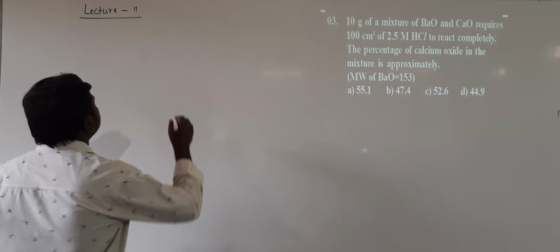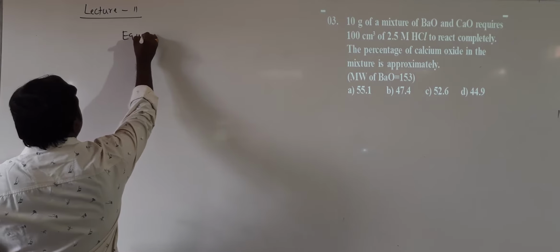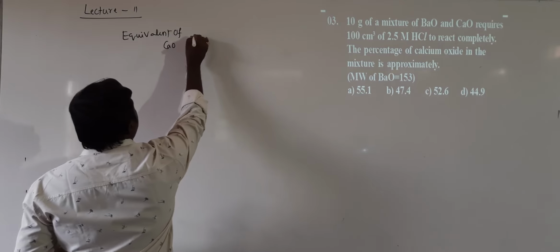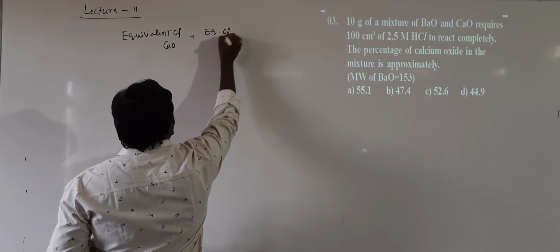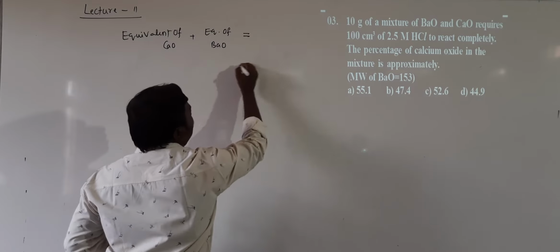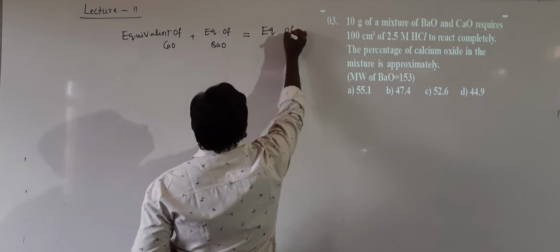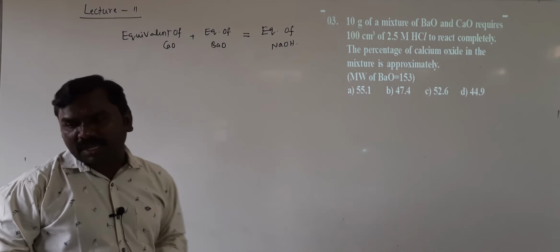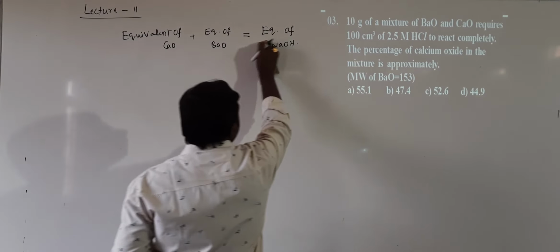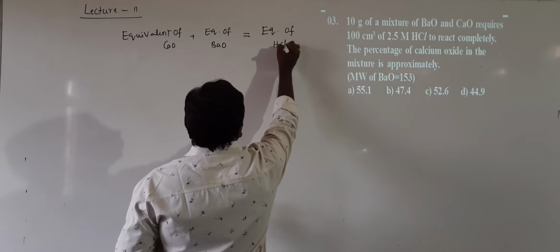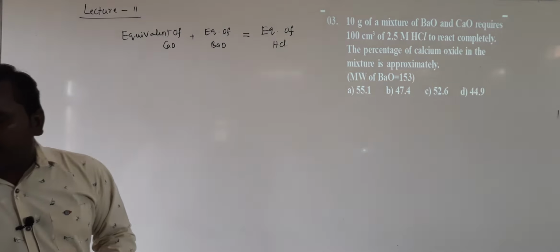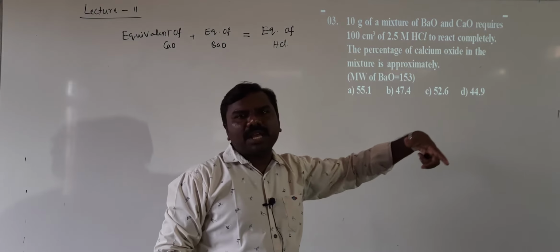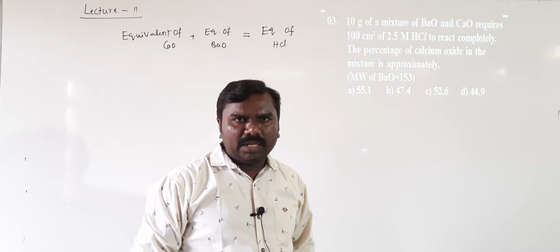Now, equivalence of CaO plus equivalence of BaO is equal to equivalence of HCl. It means BaO and CaO are completely neutralized by HCl, both.